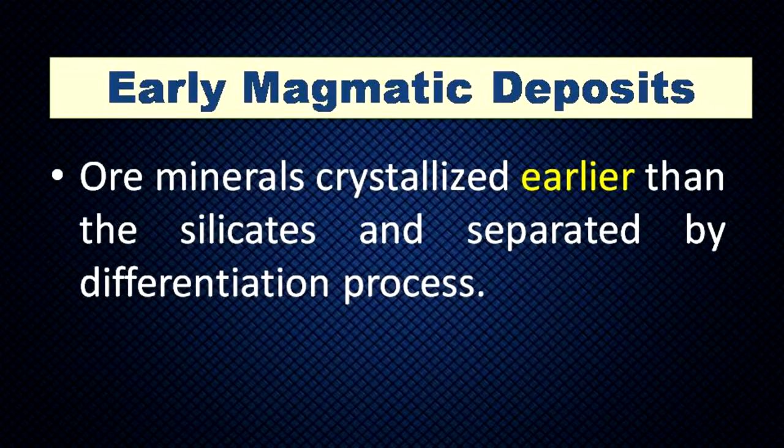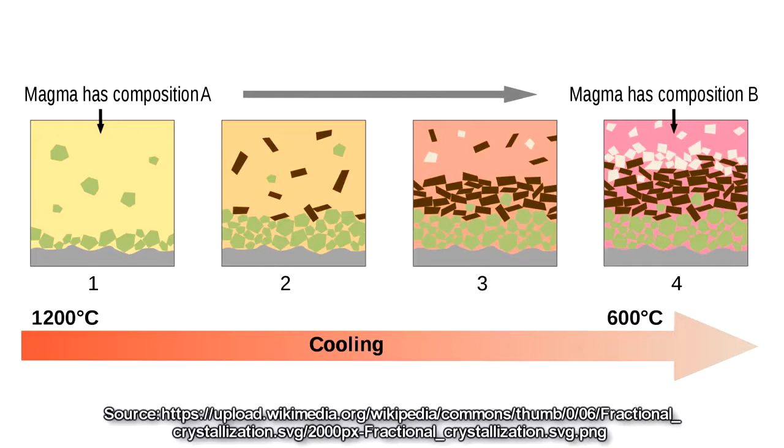Now, second one, ore minerals crystallized earlier than the silicates and separated by differentiation process. Viewers, I have told you that the early formed minerals are mostly spinels, magnetite, ilmenite, chrome spinels. These minerals bear high melting points, or high freezing points.